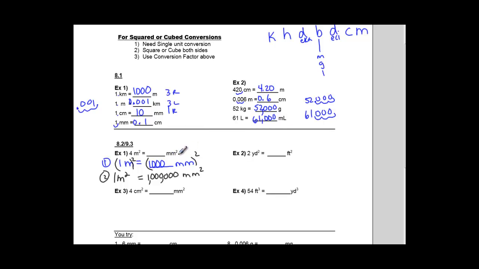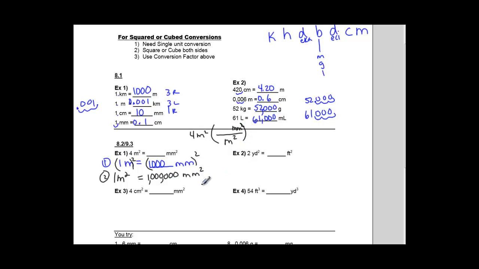So what we want to do is we're going to use that unit fraction or unit factor. And we're going to start out with what we have, 4 meters squared. We're going to multiply by the unit factor. We want to get rid of the square meters, and we want to end up with square millimeters.